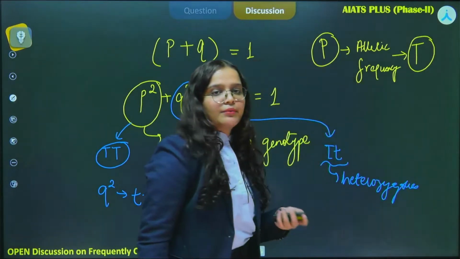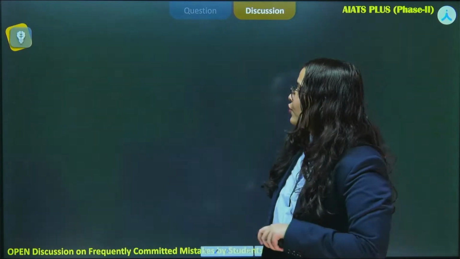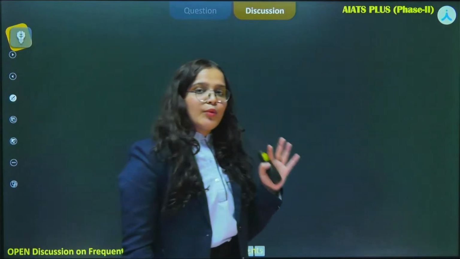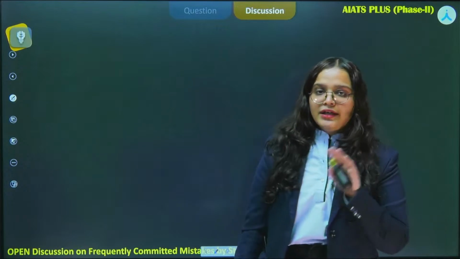Now moving to our main discussion: what are the factors that Hardy-Weinberg talked about, which should not be present if a population has to stay in equilibrium?